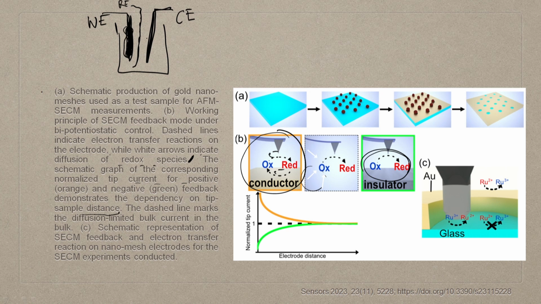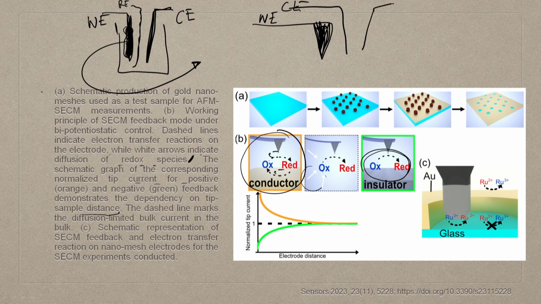Now, say for example, this working electrode is no more like this. Now, this working electrode is something like this, and of course, this is the WE, this is the CE, and this is the RE, and here is the sample. Now, this tip is moving across and it is picking up where all the reaction sites are, how they are all distributed.